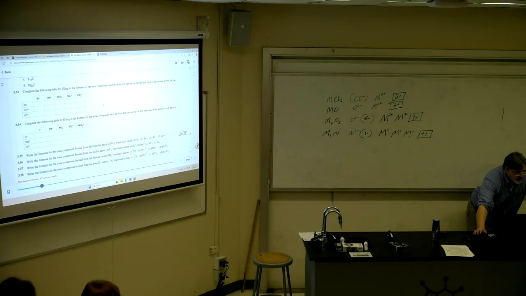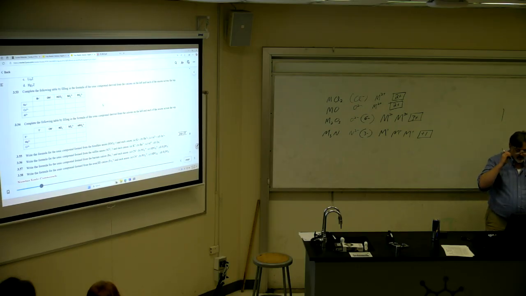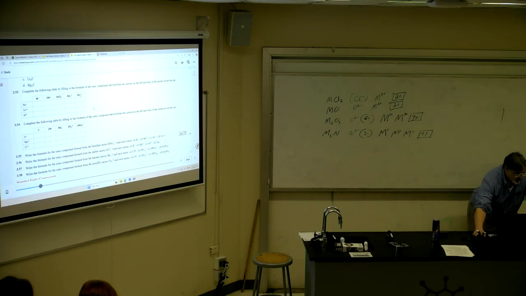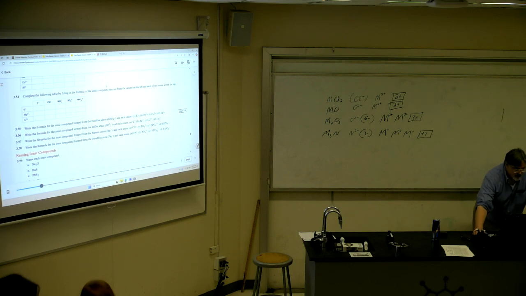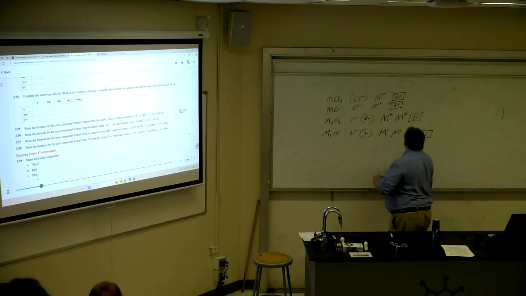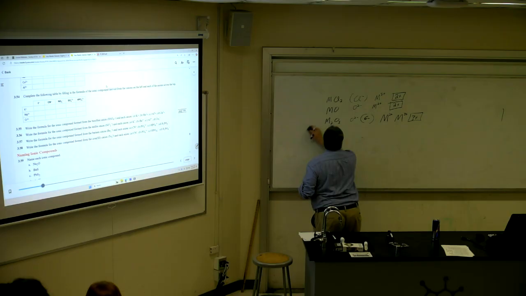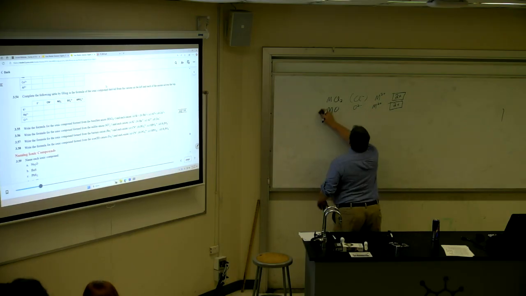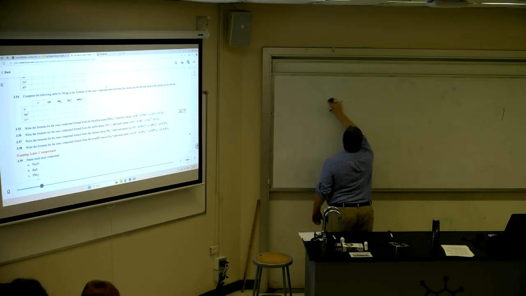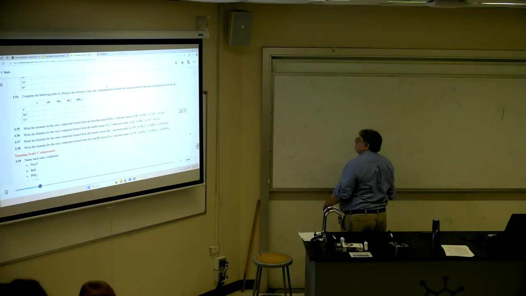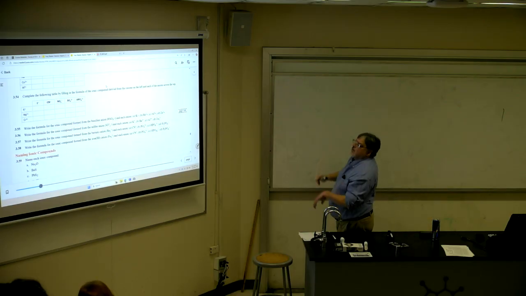You see that? Inferring the charge on the metal, and then if there's more than one metal, you've got to split the charge among them. You can come up with a formula and the name for these. But let's go to 3.54.